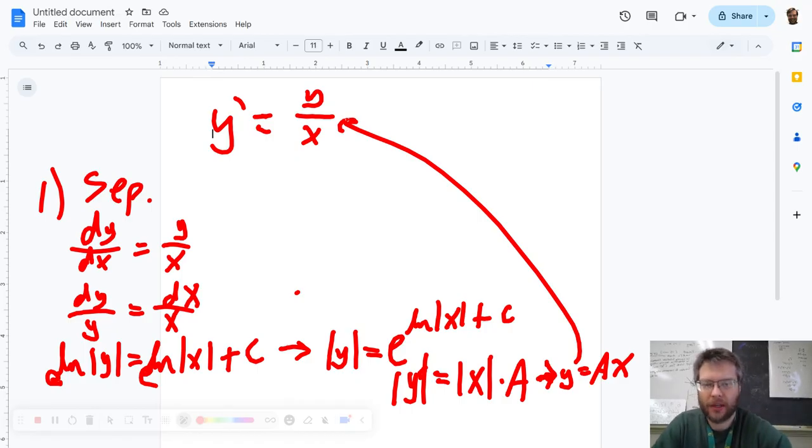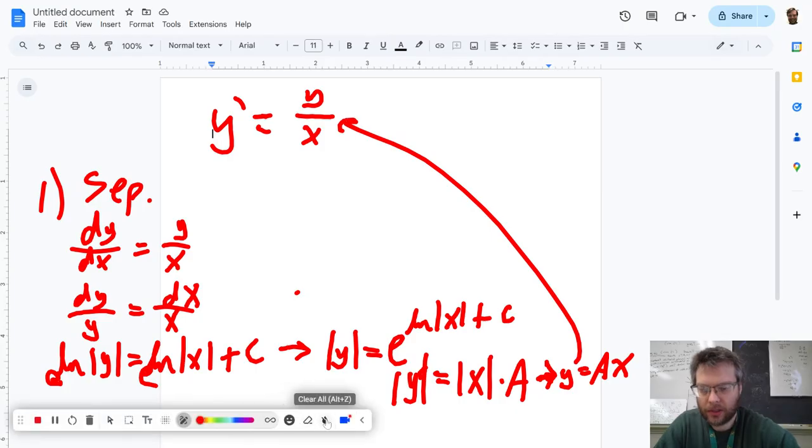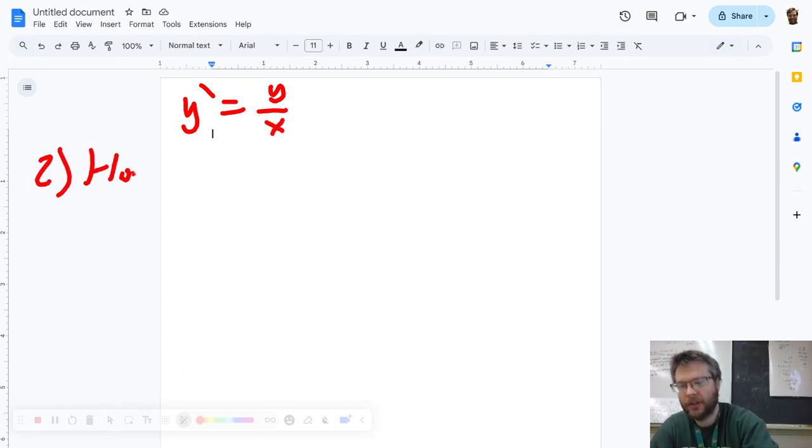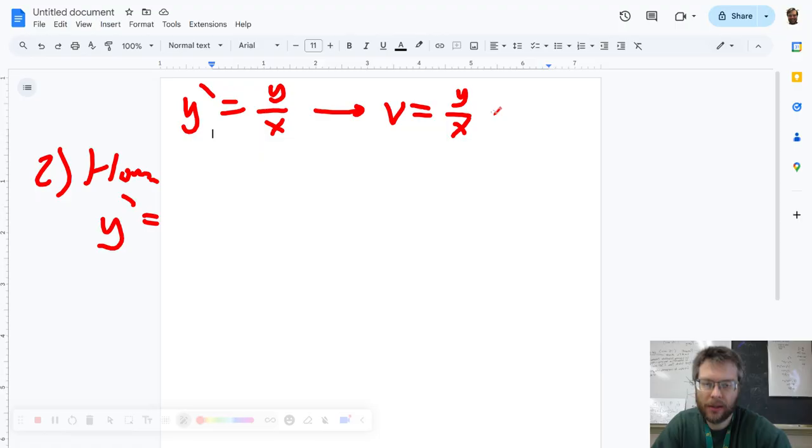A second way to solve this, let's clear everything so I have enough space, is the second way that we learned, which was a homogeneous differential equation. I'm going to use the substitution that v is equal to y over x. In other words, x times v is equal to y.